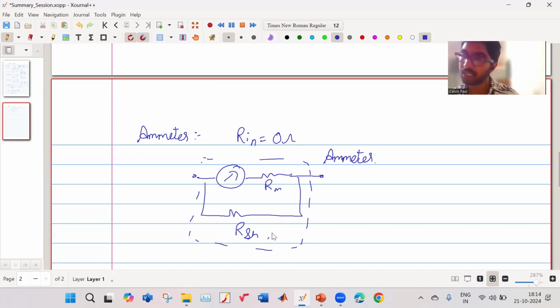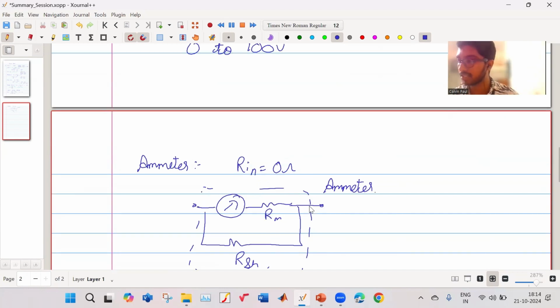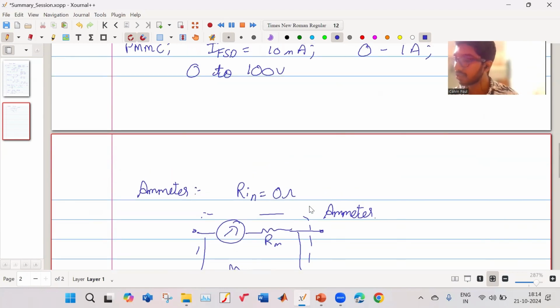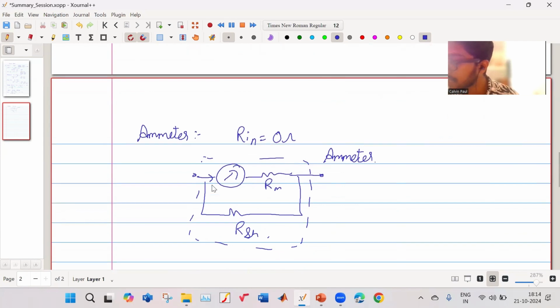You must select R shunt so that you can extend the range. The maximum current through the instrument is 10 milliampere. If the total current has to be 1 ampere, and this current is 10 milliampere, then the shunt current should be how much?